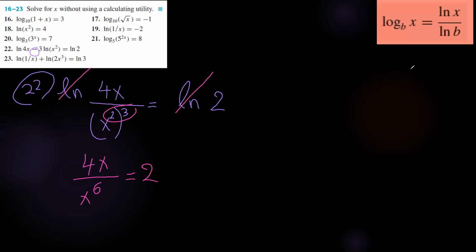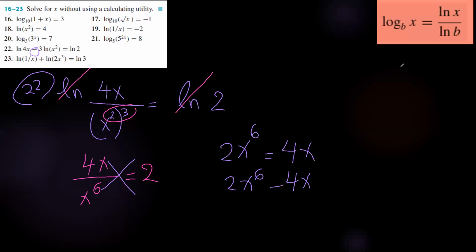Then by cross product, 2x to the power 6 equals 4x, or 2x to the power 6 minus 4x equals 0. Take 2x as a common factor, so we have x to the power 5 plus 2 equals 0. Then 2x could be 0.